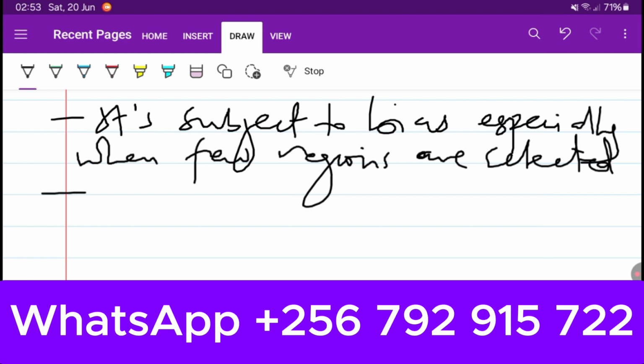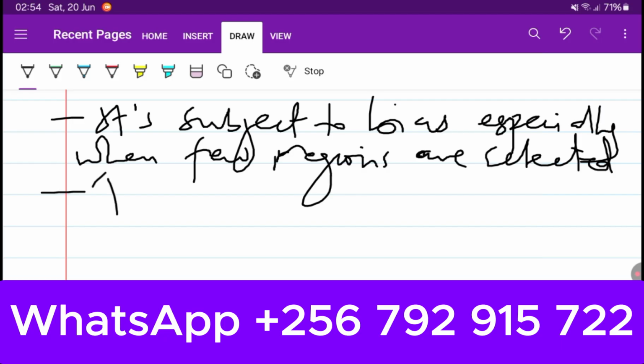Because if you ignore some of the regions and you select information from some sections, then you are going to have biased information.